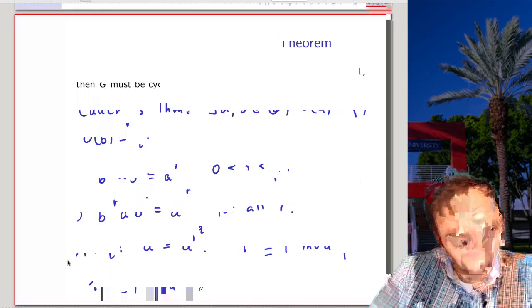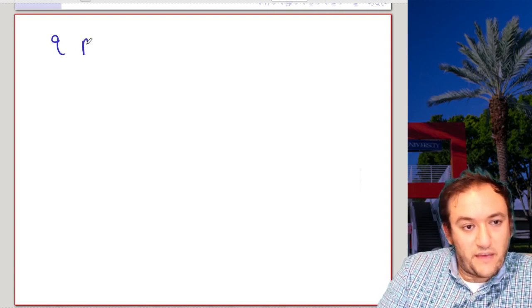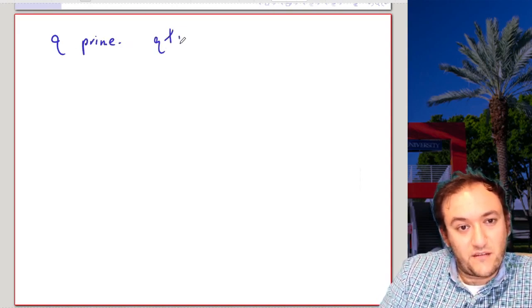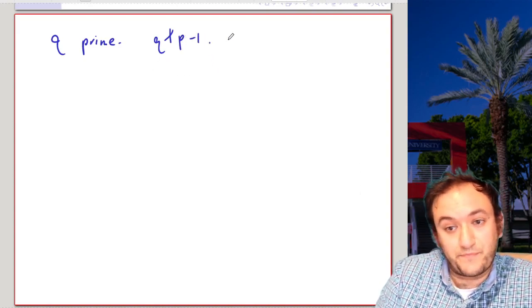So we know that Q is prime and does not divide P minus 1, so these two numbers are relatively prime.